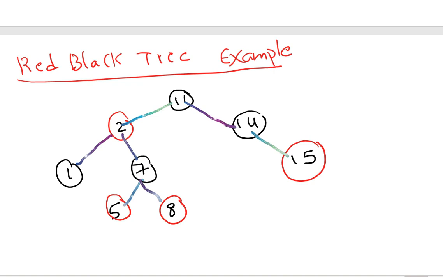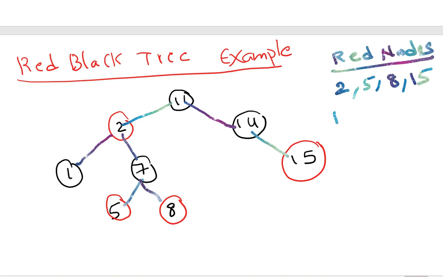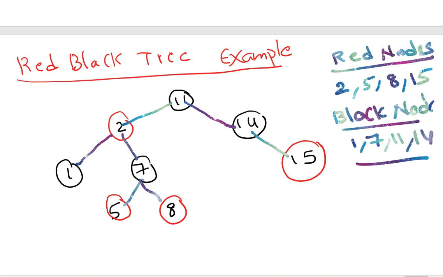Okay, this is an example of a red-black tree. Now what are the red nodes here? 2, 5, 8, 15. Black nodes: 1, 7, 11, 14. Am I right?